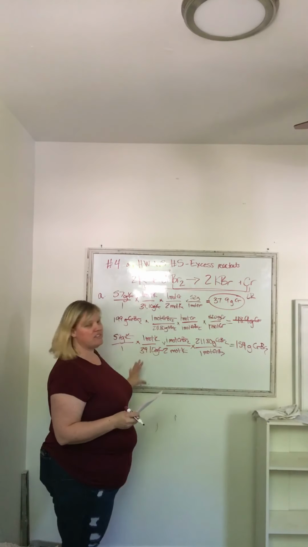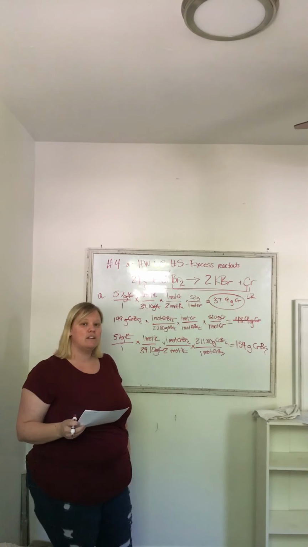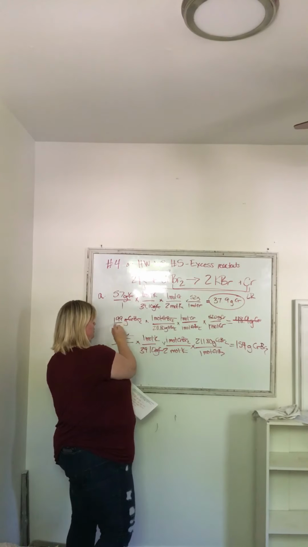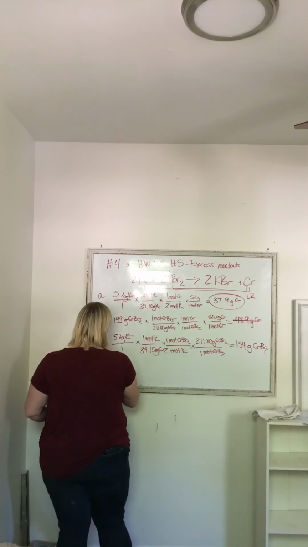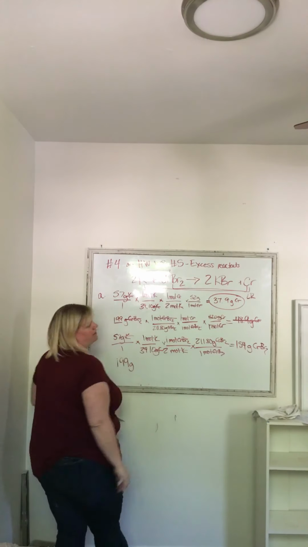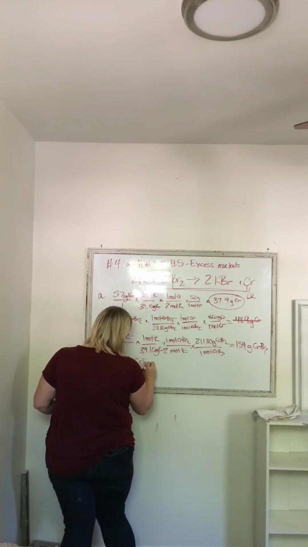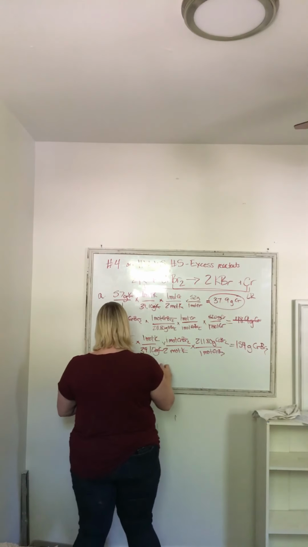So we take what we were given in the question. In the question, it said that we had 199 grams of chromium bromide, which is what we did in this step. We started with that, all right? So we take that amount of the chromium bromide, and we can subtract the amount that will be used.